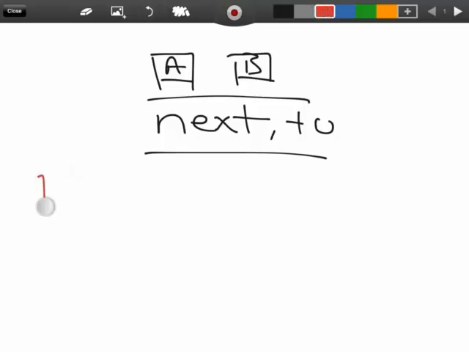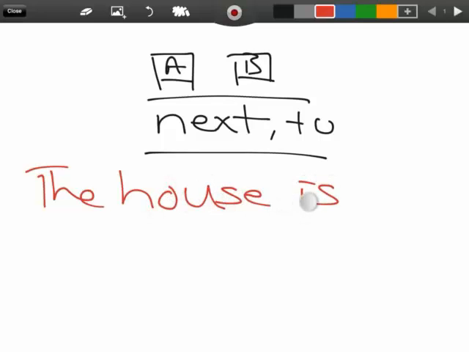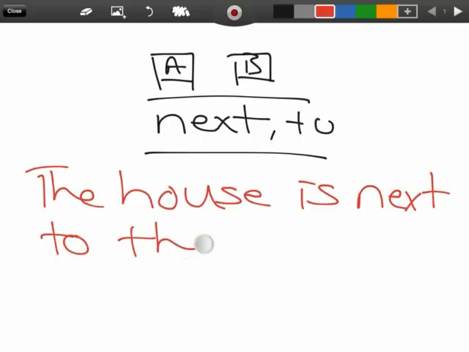You could say the house is next to the market.